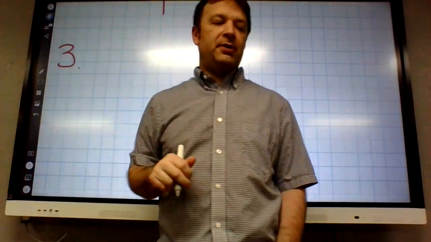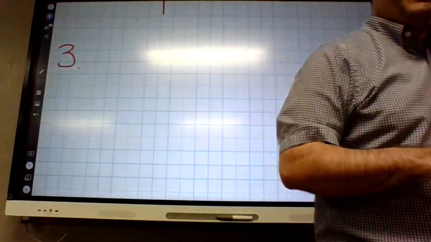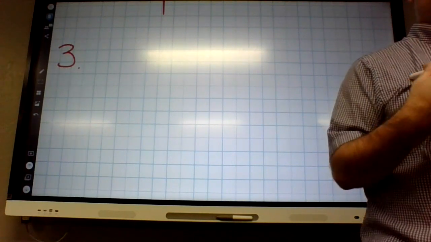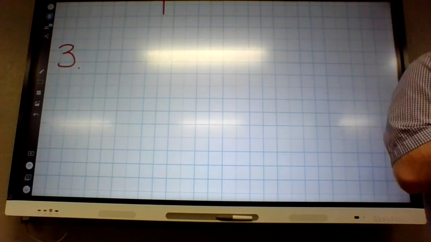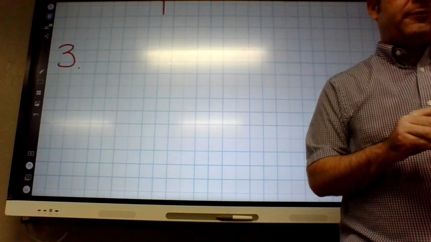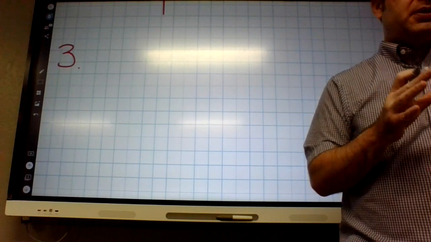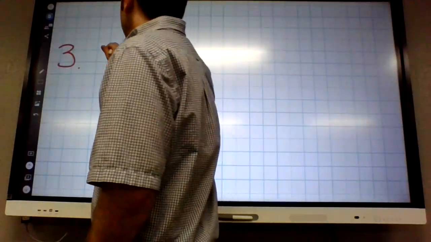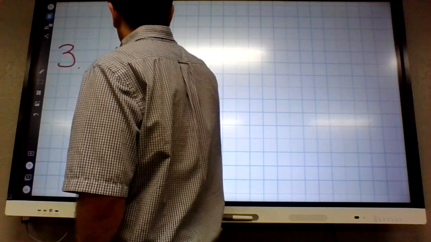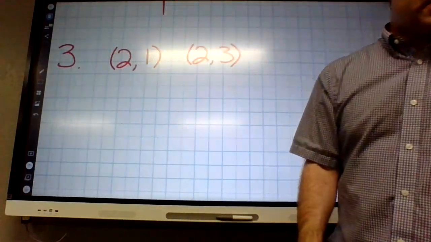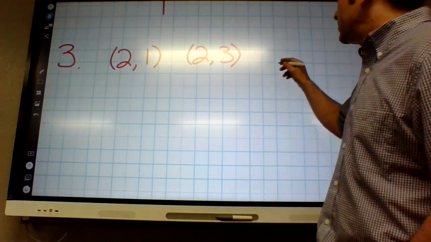Now, number 3. We did these 2 years ago. Do you guys remember these pictures? Kind of look like lungs. Well, basically what that means is that the arrow from 2 to 1 means there's a point 2, 1. Arrow from 2 to 3 means there's a point 2, 3. So there's a 2, 1, a 2, 3, and 5, 1, and 5, 3.